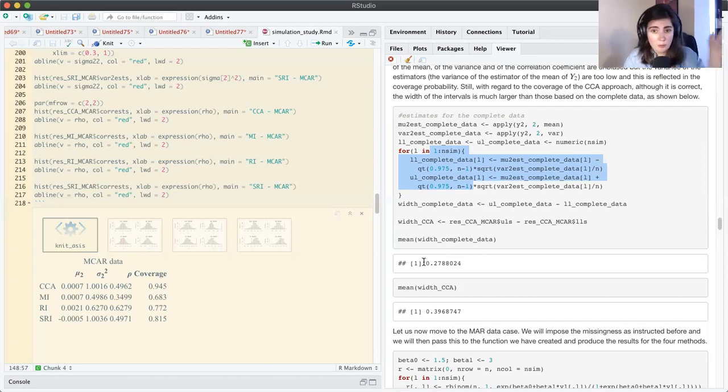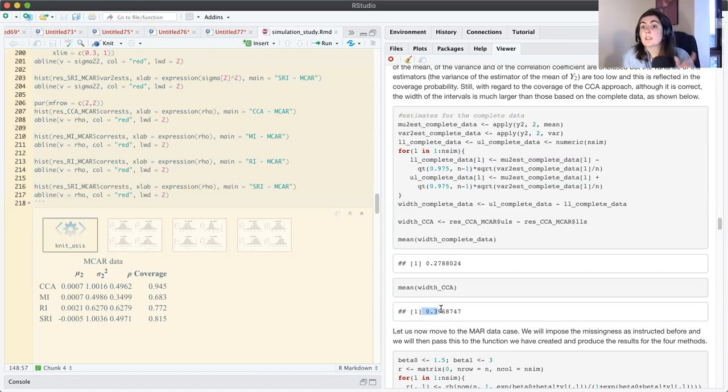Okay, and then I computed the average of the widths. You can look at the histogram, you can play around, and I have that the average width across the 1000 widths is 0.28 for the complete data and 0.40 for complete case analysis. So that aligns with our expectations, right?